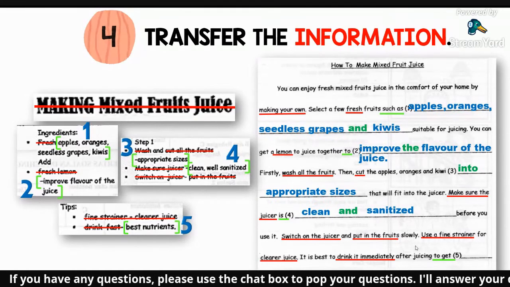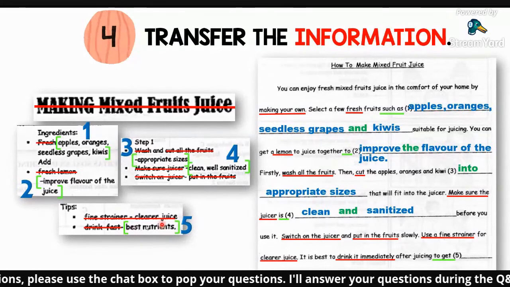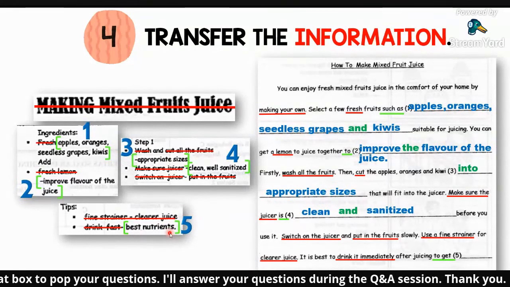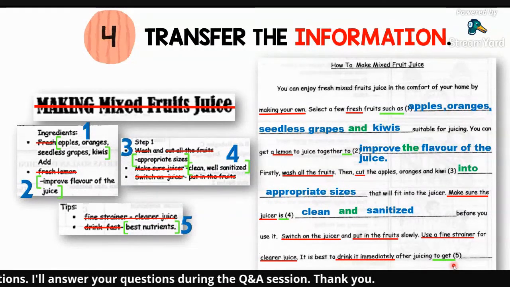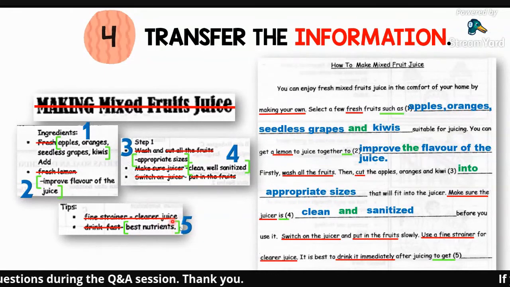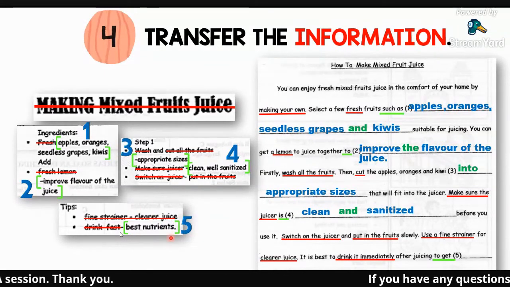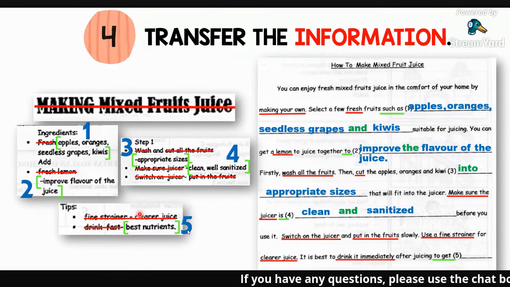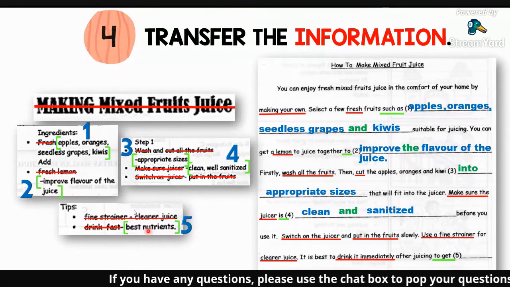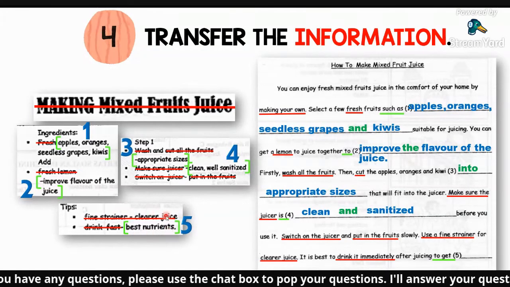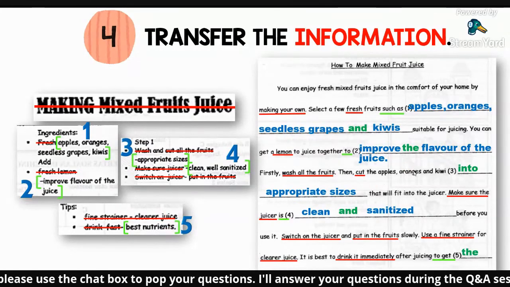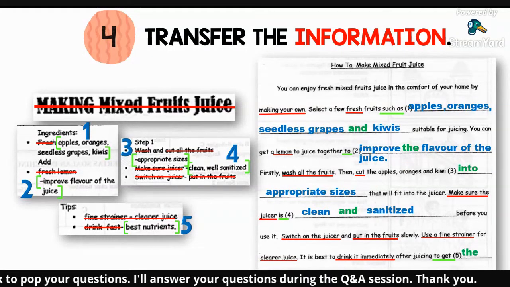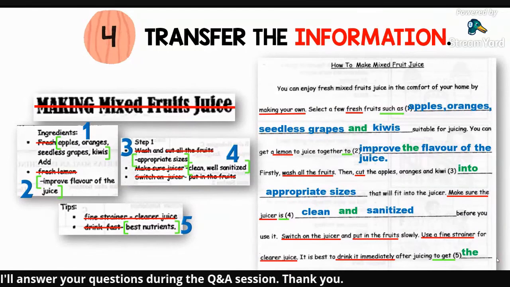For number 5, the last one, best nutrients. To get best nutrients. So referring to the specific nutrients. I've mentioned the word specific again. Yes, you got it right. The best nutrients. Wow.